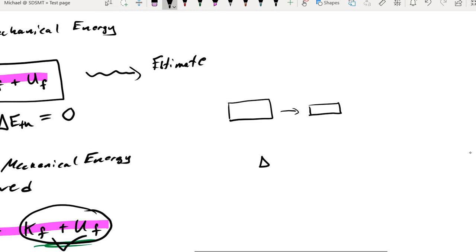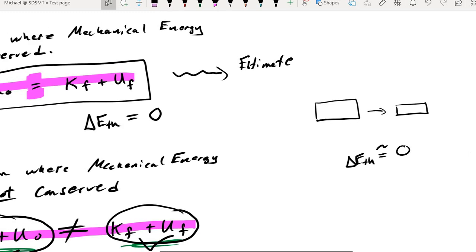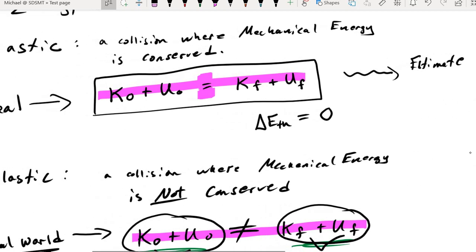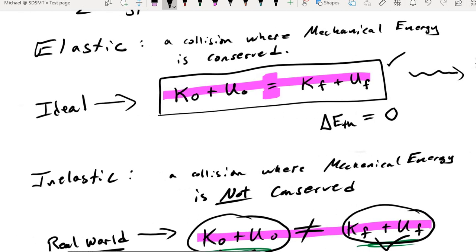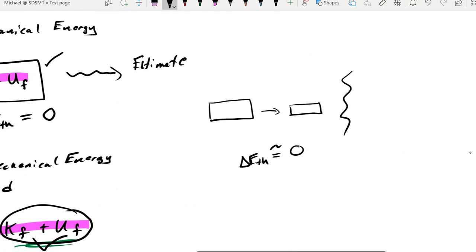In other words, what if the amount of thermal energy that is produced is relatively insignificant. In that case, can we estimate the thermal energy to be close to zero and then use the elastic collision case as a way to help solve values for what's going to happen after the collision.